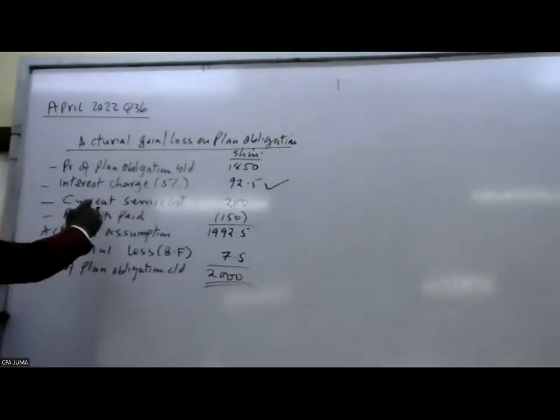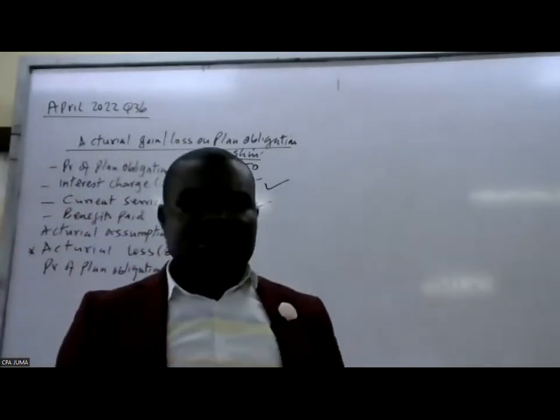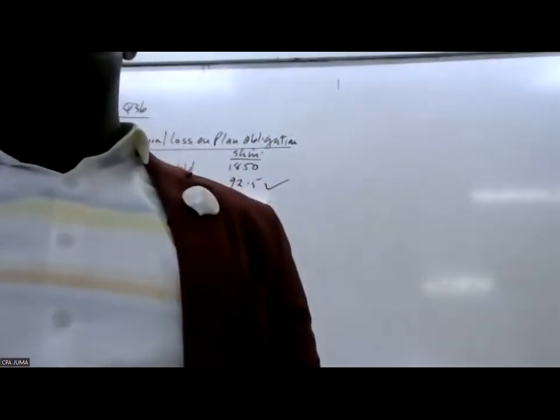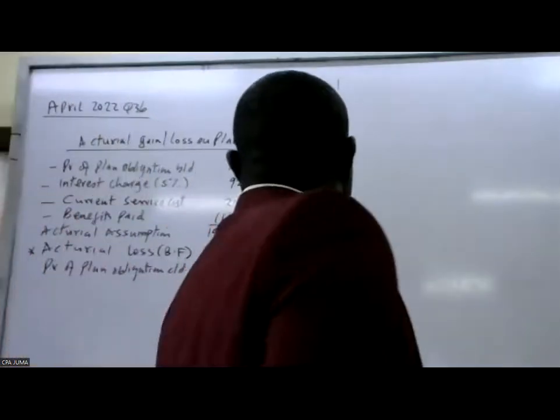Then let's go to this one here. This is called the current service cost component, or service cost component.